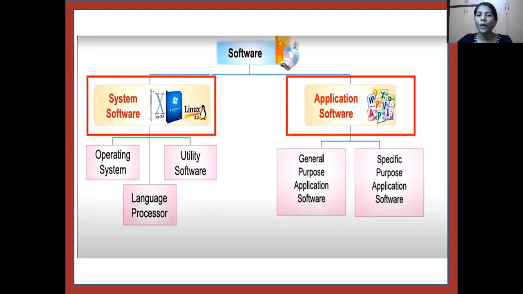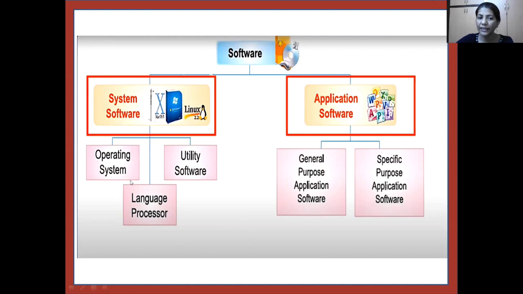Fine? Okay. Now moving ahead. Here in this chapter, we are going to learn about the software and its types. So, see in this classification chart, the software is divided into two parts. Two types of softwares are there. One is system software and another one is application software. Then this system software, again, it is further divided into three different parts.